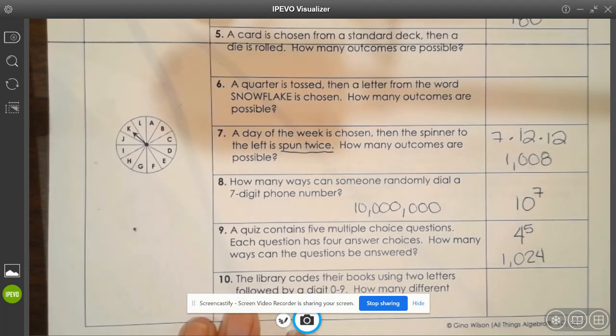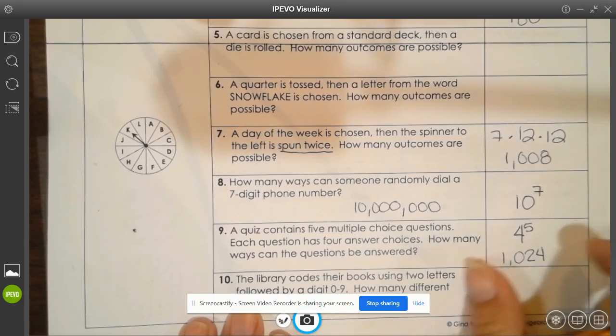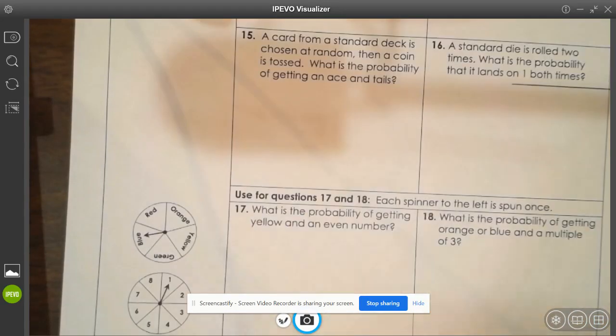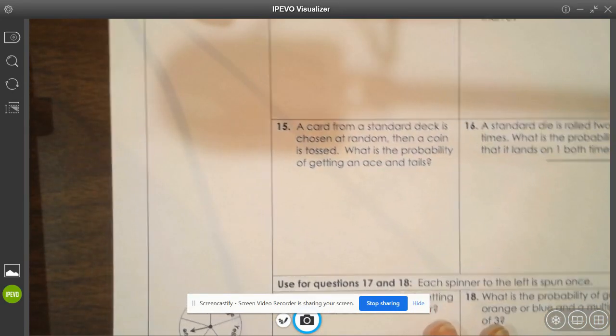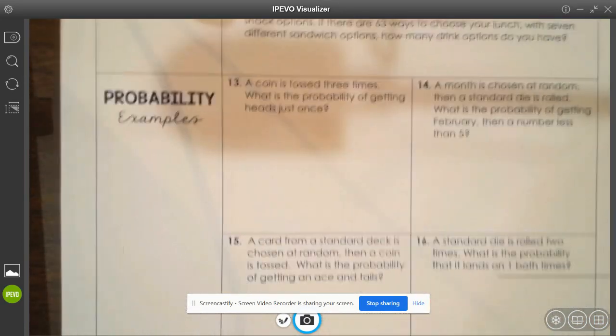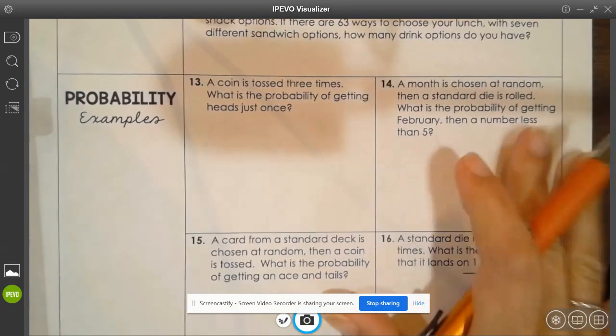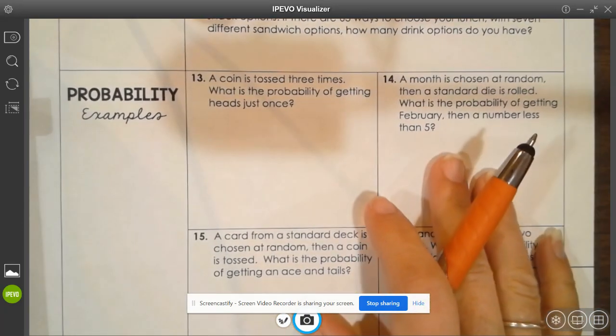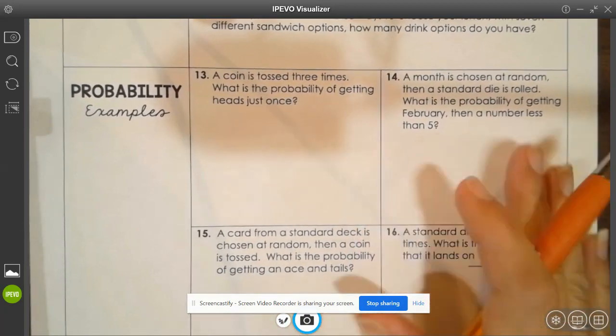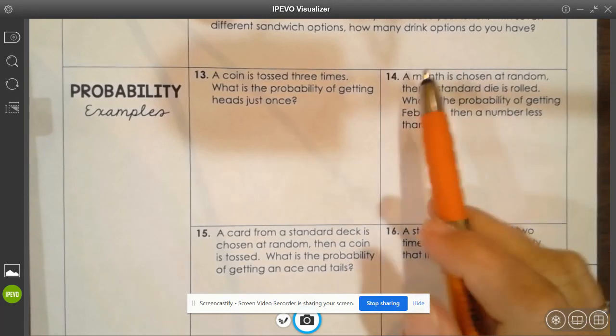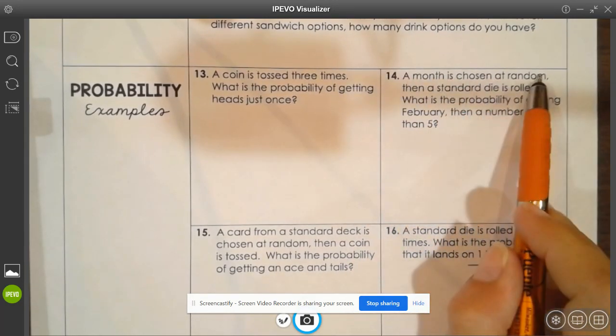All right, let's look at this combined with probability. Probability example. So not only a counting principle, but it also combines it with probability. A month is chosen at random.